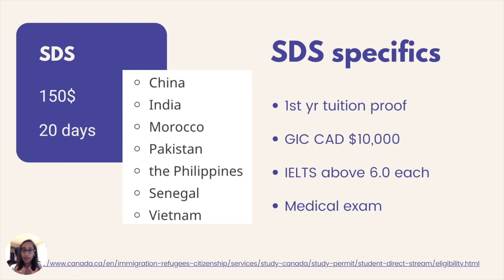You need to have an IELTS score of 6.0 in each skill. So beware that if you are applying through the SDS stream, your TOEFL score will not be considered. You need to give the IELTS exam and then the medical exam. The medical exam is common for both. So these are the particular countries which are eligible to apply for an SDS visa.